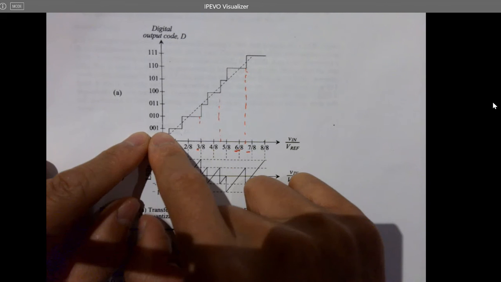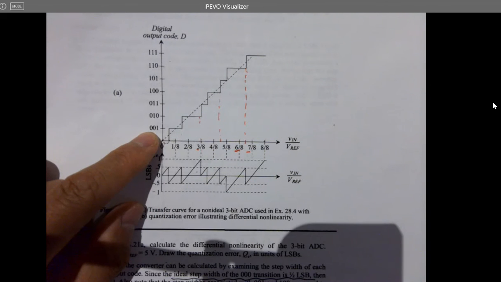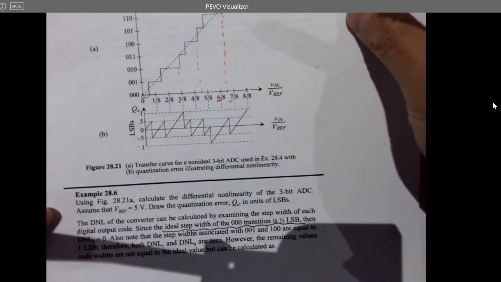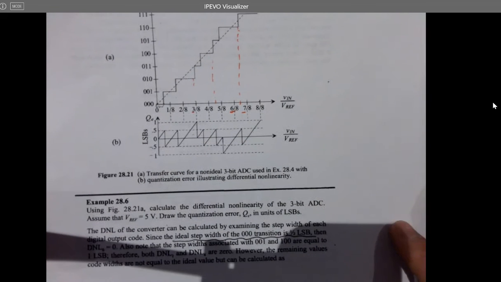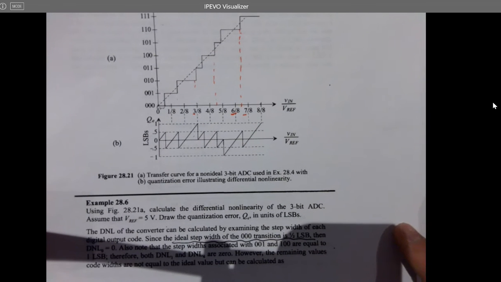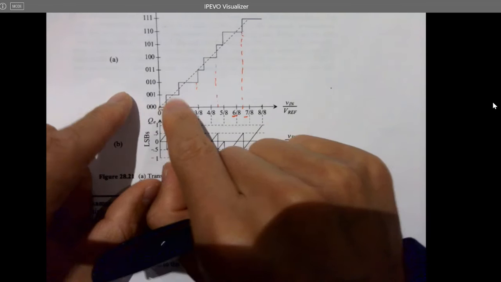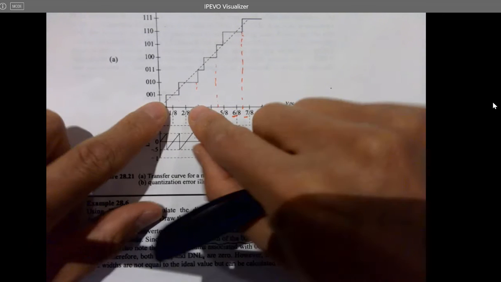What about DNL 1? So you want to look at the height. If you rotate it, you are looking at the height. So here's the height. Right? If you rotate back, it becomes a width. So what's the actual width here? The actual width here is 1 LSB.